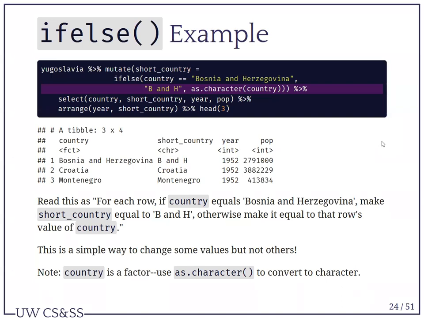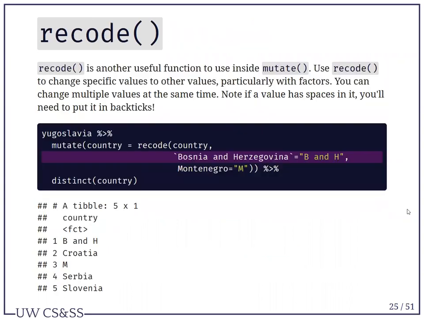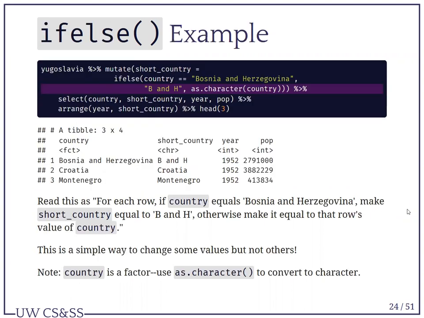Note that since the country column in the original Gapminder data is factors, I had to convert it into a character in order for this to make sense. That's neither here nor there. Also, before I forget, if else is a base R function.